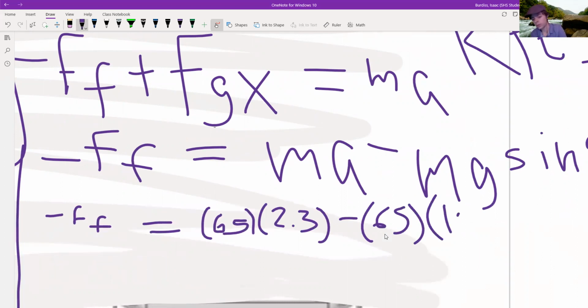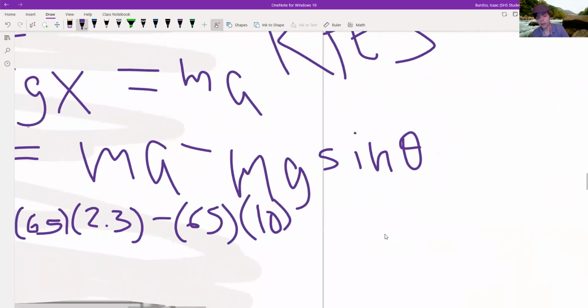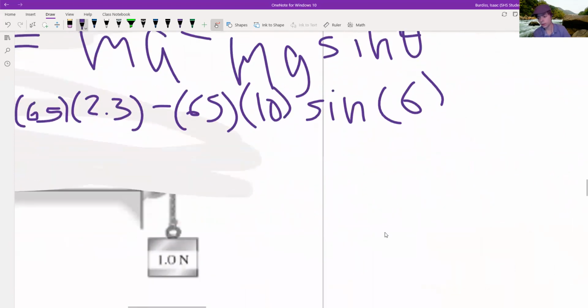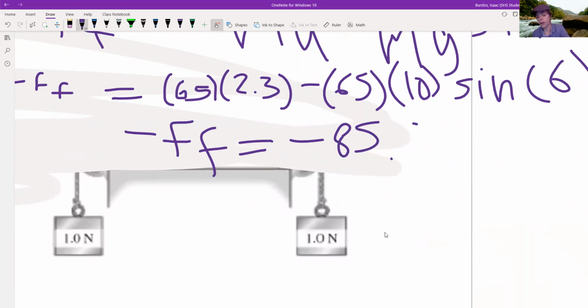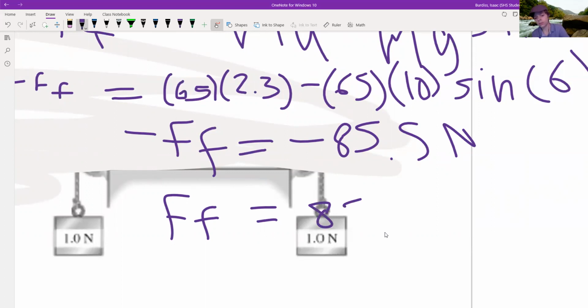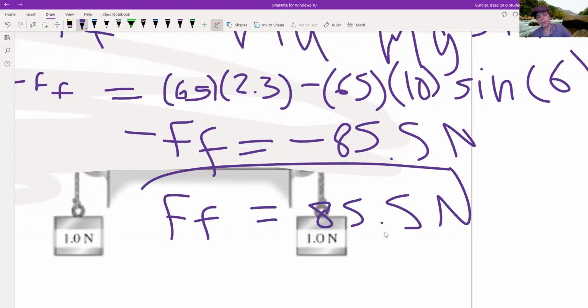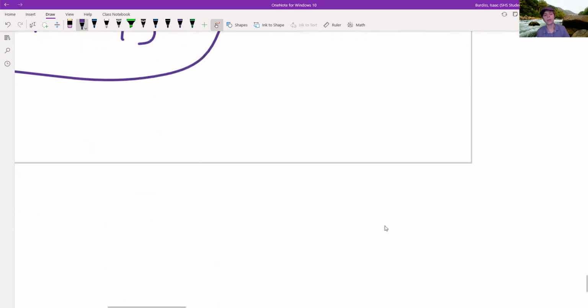The gravity is 10 times sine of the angle, which is 6. You plug all of that in, and you get negative 85.5 newtons, but the F is already negative, so you switch it around, and that is this. And there you go, that is how you do a problem with an incline.